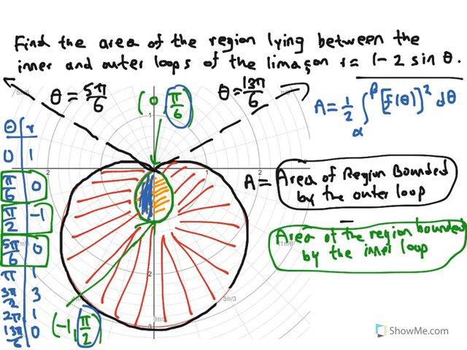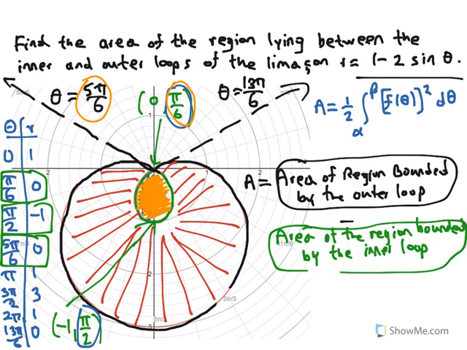Or you can just integrate from pi over 6 all the way to 5 pi over 6, and that would give you the region that is bounded by the inner loop, all of it, not just half of it. So if you wanted to do that, let's go ahead and do that.